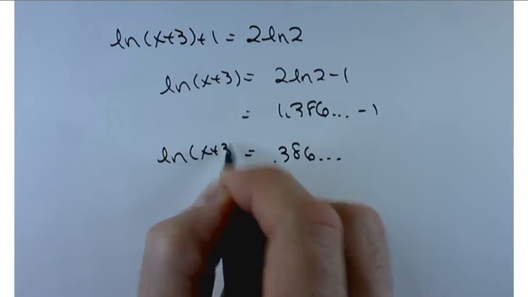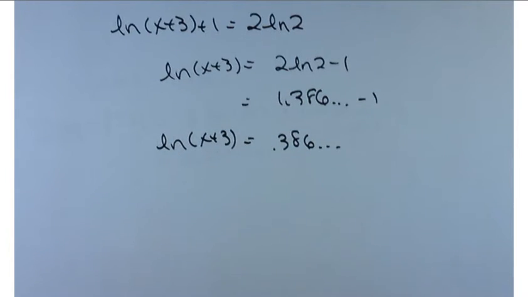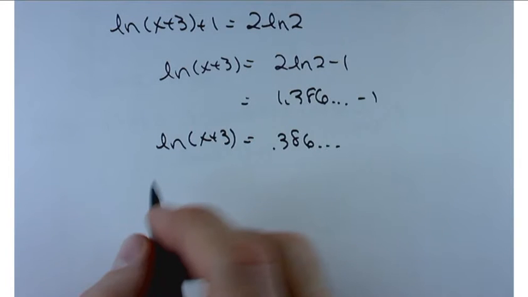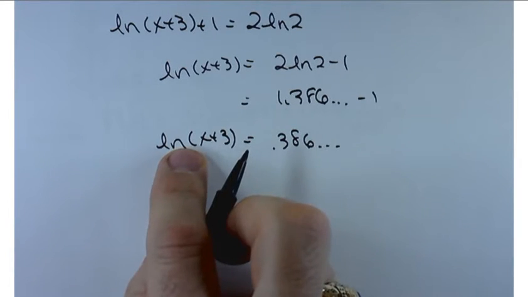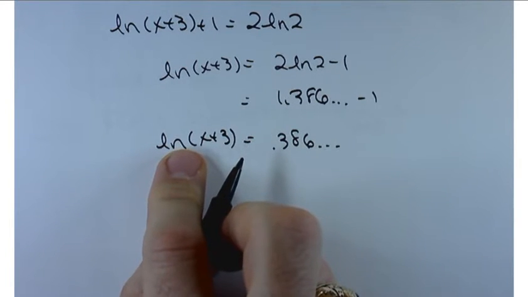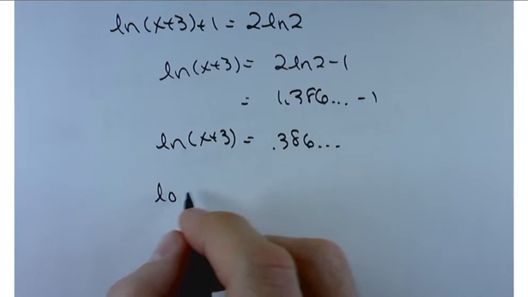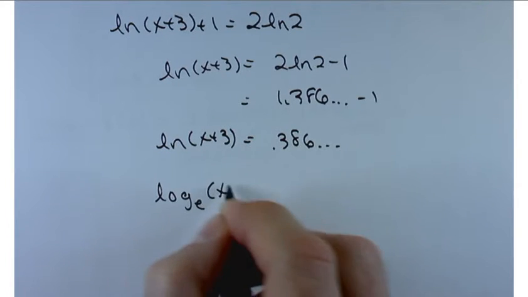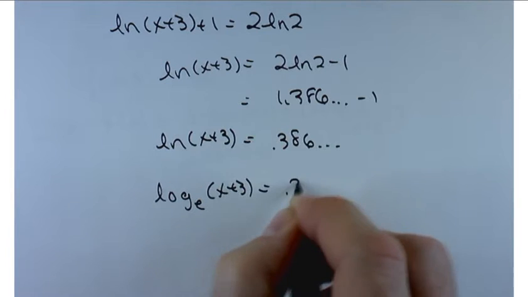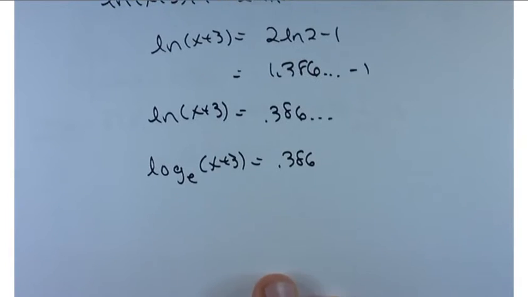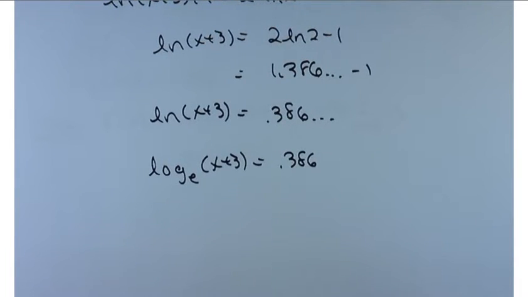It's helpful to remember the base of the logarithm. ln has what as its base? E. So to rewrite this relationship, it's going to look like this. E to this power equals this.